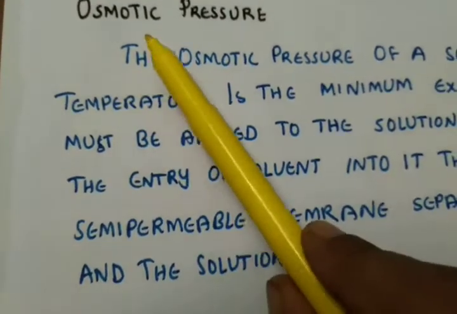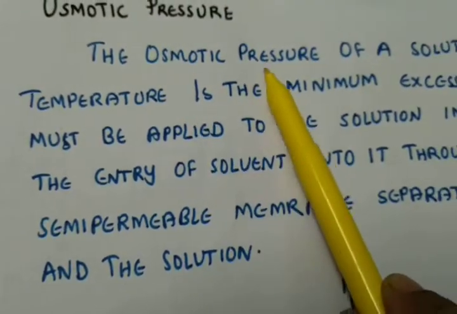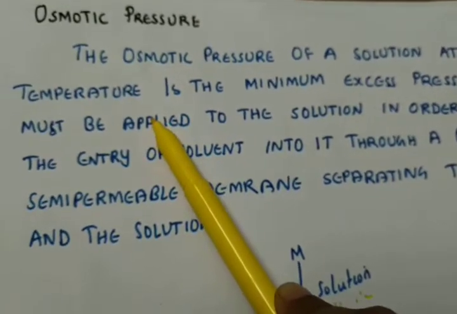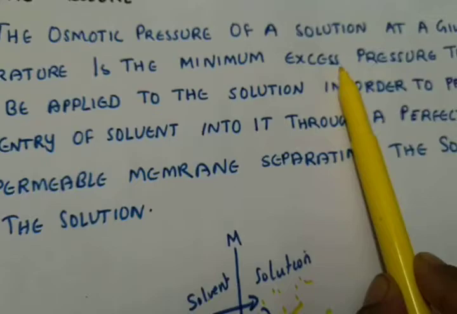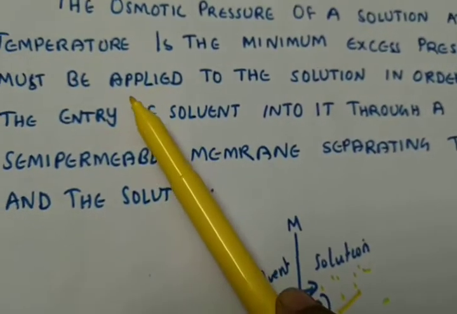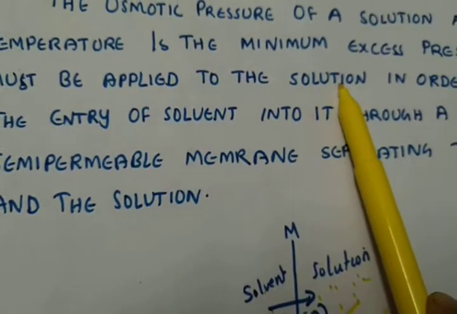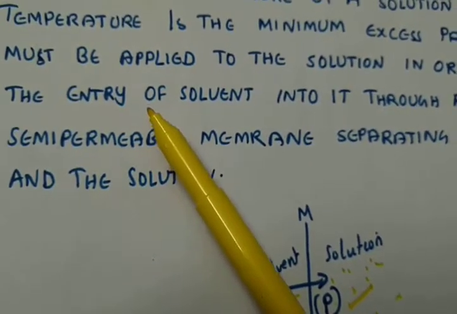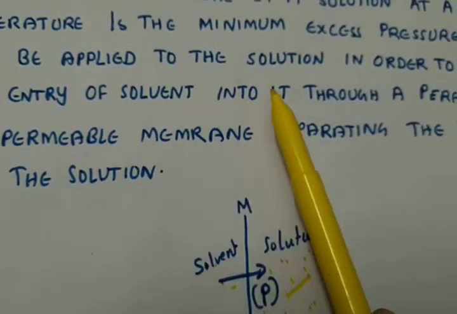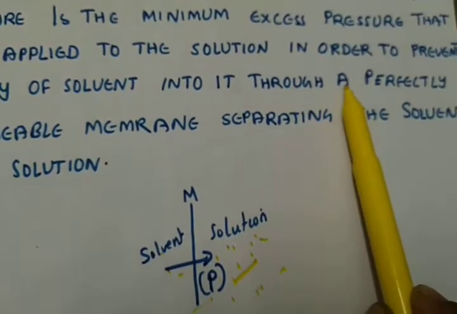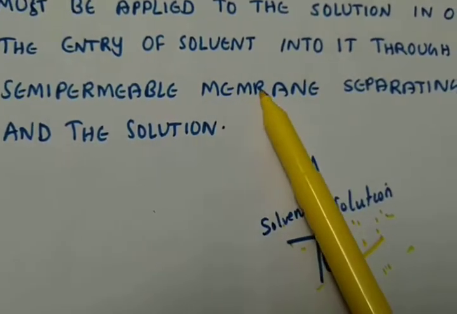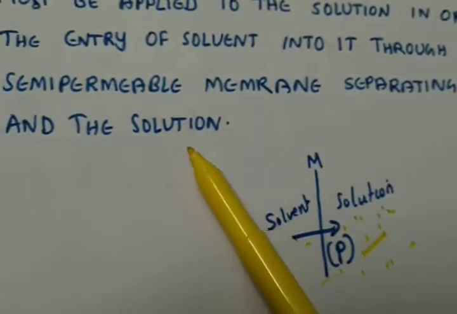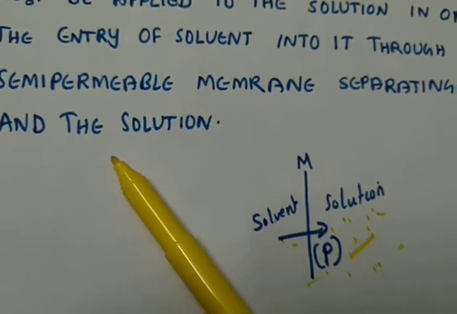The osmotic pressure of a solution at a given temperature is the minimum excess pressure that must be applied to the solution in order to prevent osmosis, or the entry of the solvent into it through a perfectly semi-permeable membrane separating the solution from the solvent.